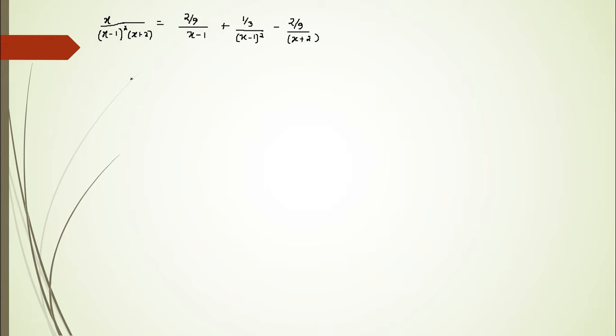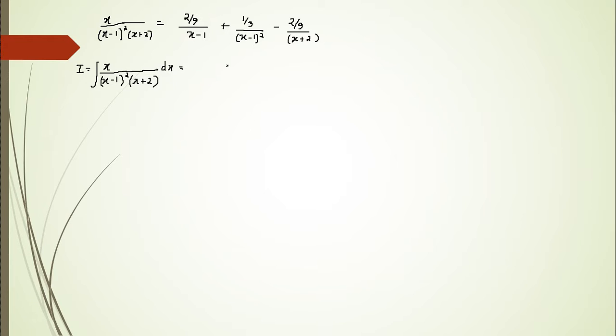Therefore, now we know I is equal to integral x by x minus 1 whole square into x plus 2 dx.